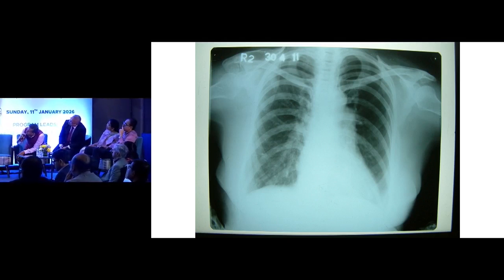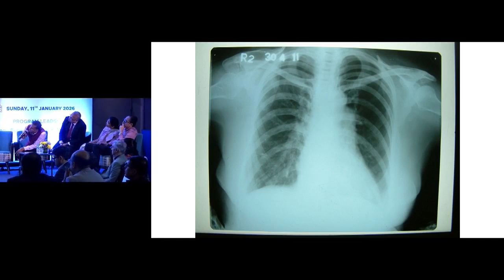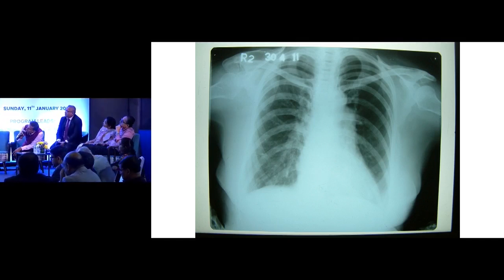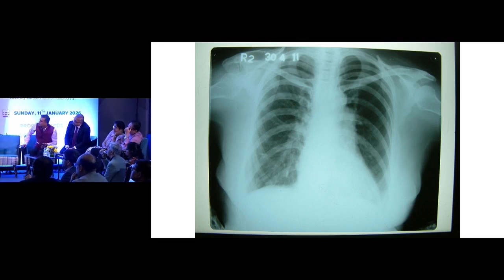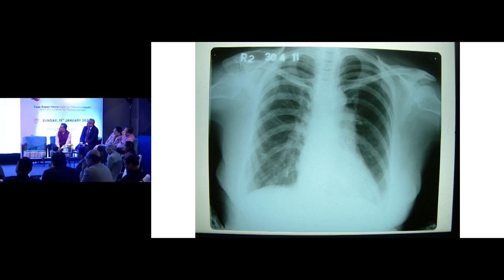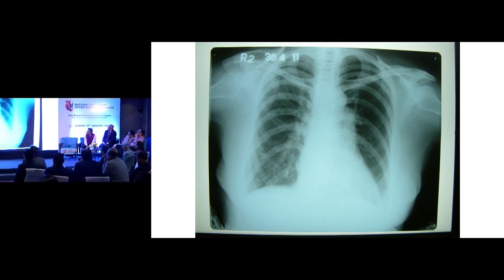There's a little bit of cardiomegaly, if I can appreciate from here, and I don't think the PA is very prominent that way. Okay, so from the X-ray point of view, one is not able to make out a very large pulmonary artery. The lung fields look normal. There's a little bit of basal haziness, but that could be non-specific, and there's no decrease in lung volumes as far as the lung is concerned.